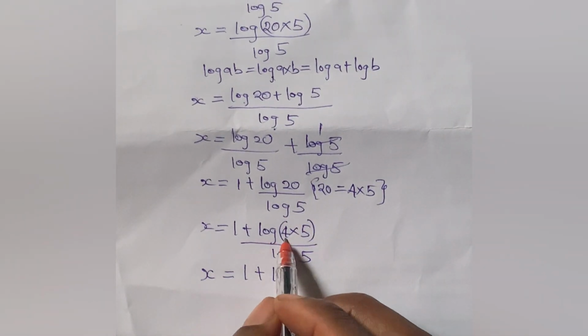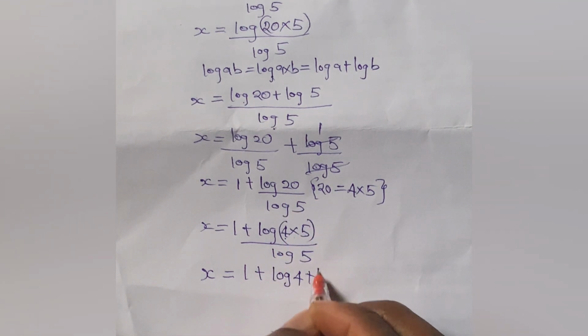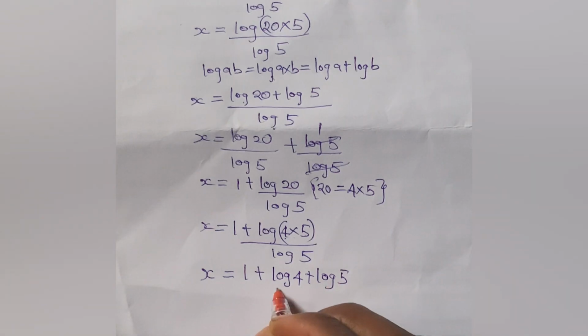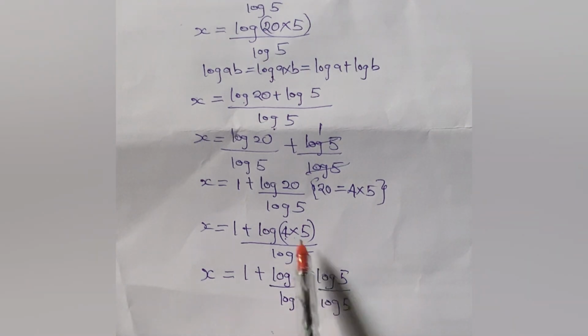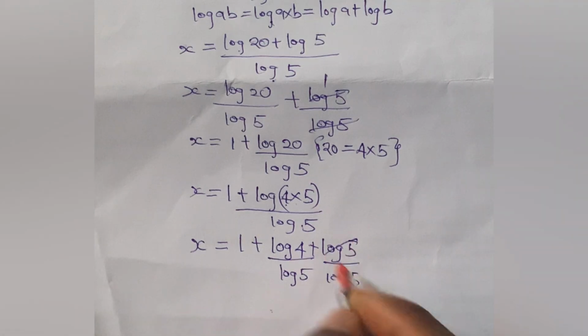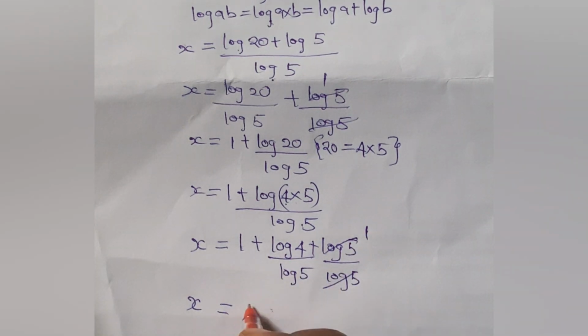So we have log 4 multiplied by 5 now becomes log 4 plus log 5 divided by log 5, because this log 5 is for both 4 and 5. Okay, so now this can cancel and we'll have 1. So x is equal to 1 plus 1 will give us 2 plus log 4 over log 5.